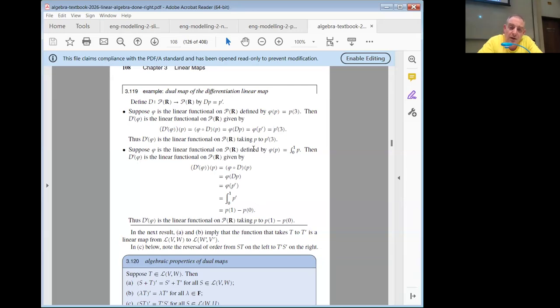This next one's interesting. You've got that D is the linear map, not functional, which is differentiation. I just need to draw it, just a second. This is the example from page 108 of the book. Okay, here we go.